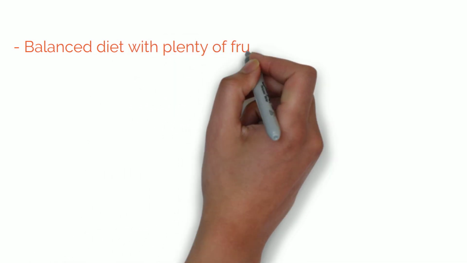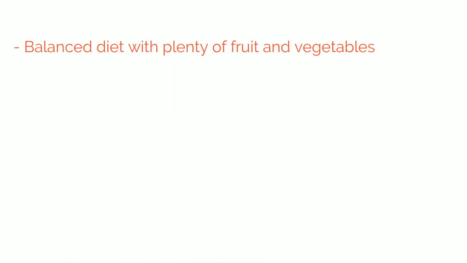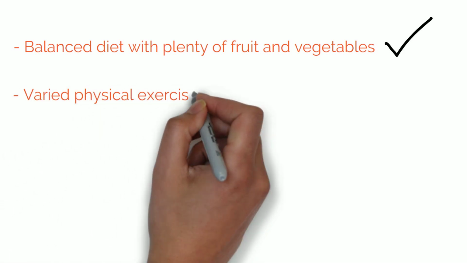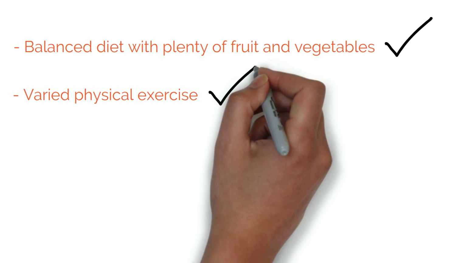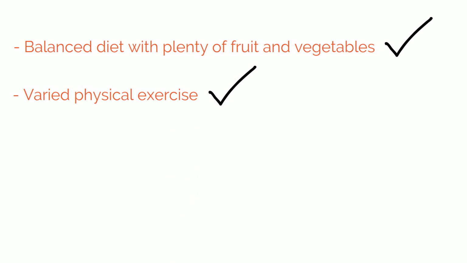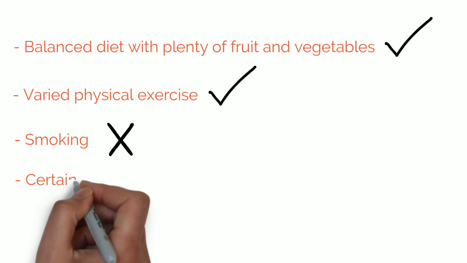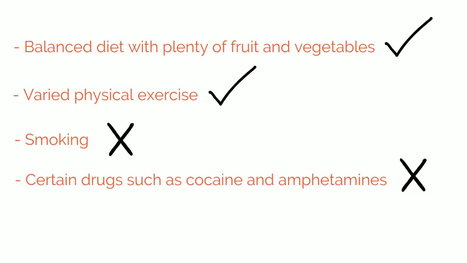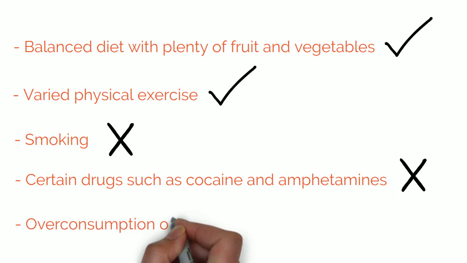A balanced diet with plenty of fruit and vegetables is imperative in the maintenance of our health, alongside varied physical exercise. These are the main factors which will keep you healthy and fit. Additionally, smoking, the use of certain drugs such as cocaine and amphetamines, and the overconsumption of alcohol are all factors which can reduce your health in the long term.